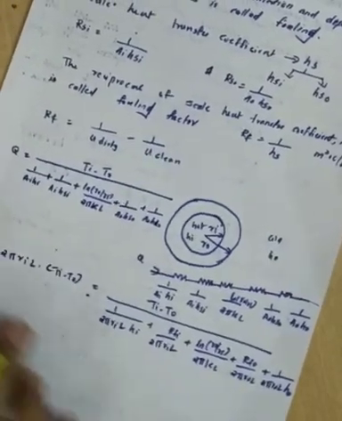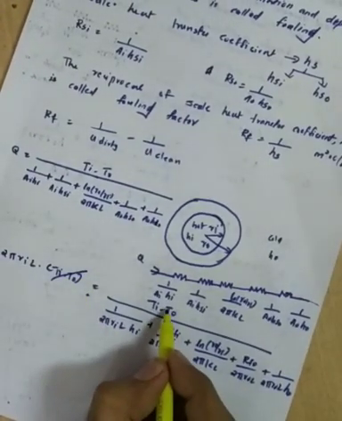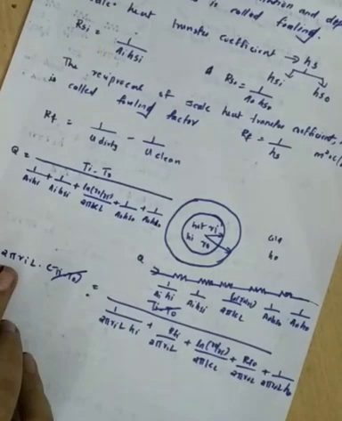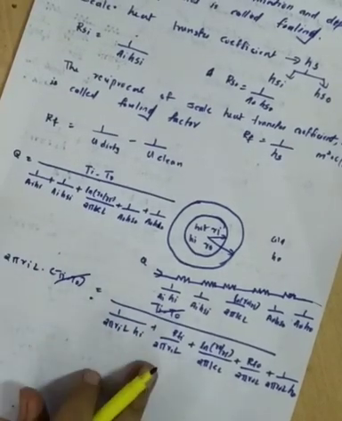And now I can cancel this Ti minus TO, and I am taking this 2 pi RIL to the other side.